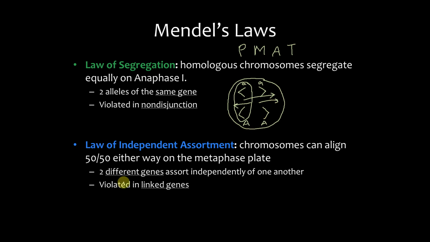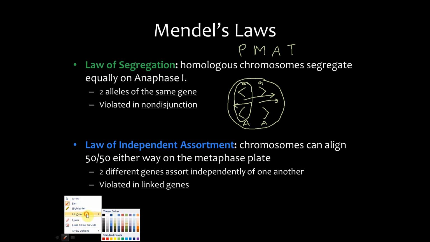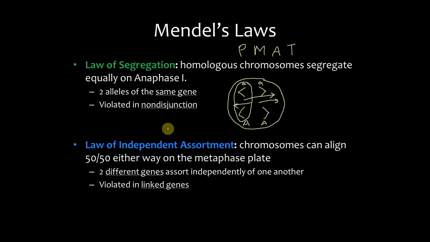Alright, the law of independent assortment, on the other hand, is that chromosomes can line up 50-50 either way on the metaphase plate. So let's draw a picture of what that would look like, in blue. Let's say that we are in metaphase 1 of meiosis, so not mitosis.